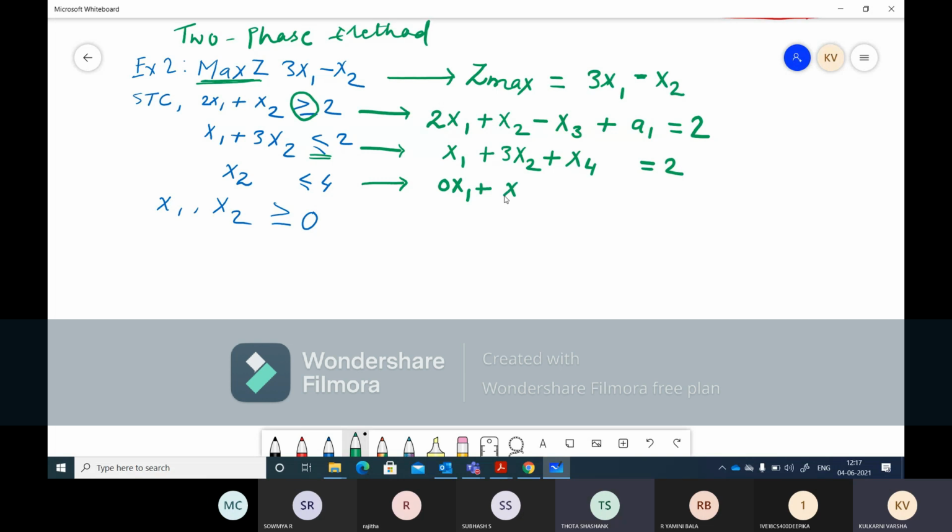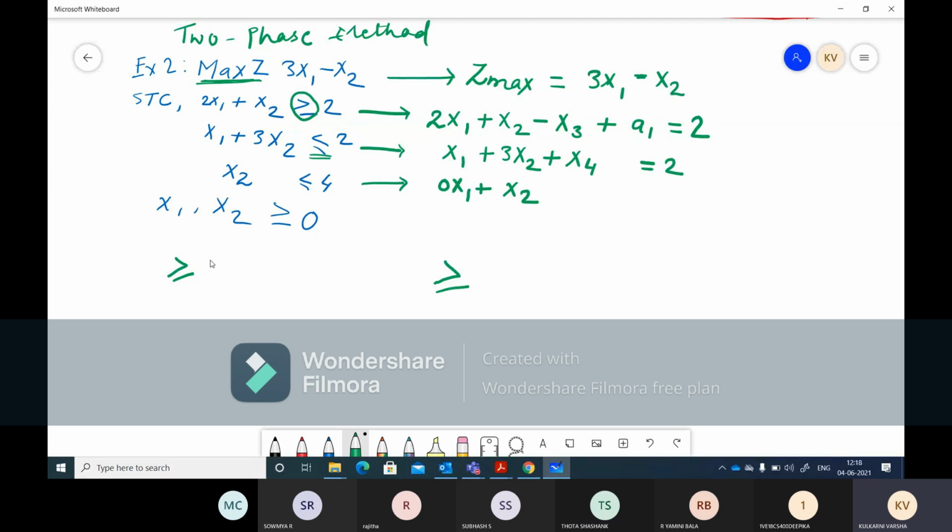Ma'am, how do we decide if the slack variable has a negative or a positive? Based on these symbols. Listen, all of you, don't get confused.